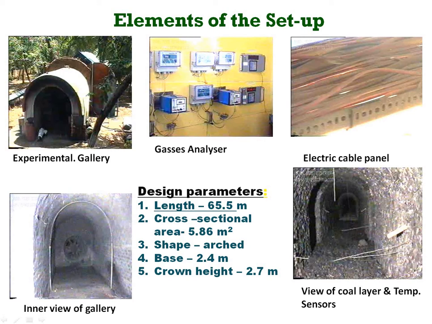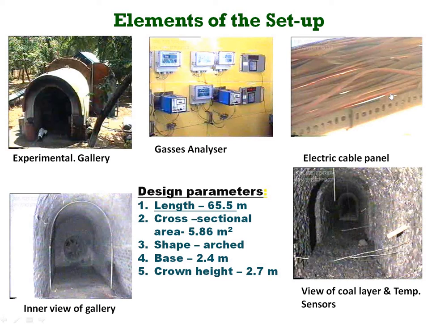You see first the experimental gallery is mentioned, and the gas analyzers are here, various gas analyzers, because there may be carbon monoxide, carbon dioxide, methane CH4, C2H2, oxygen percentage, N2 percentage, H2S percentage, SO2 percentage, hydrogen percentage, or any other hydrocarbon.